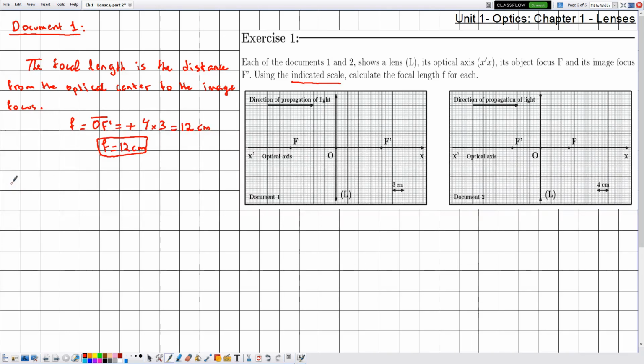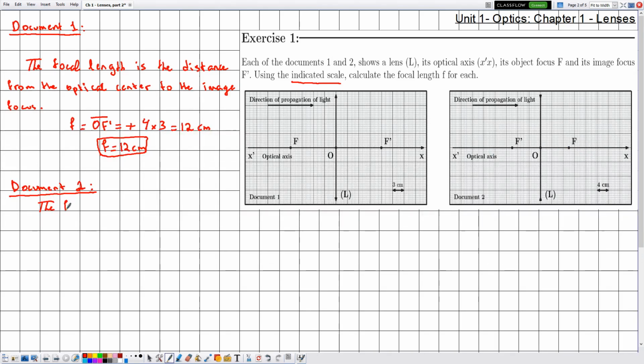And now as for document 2, we also need to calculate the focal length of the used lens. So let's write the definition also.